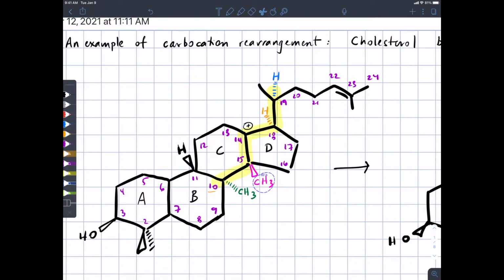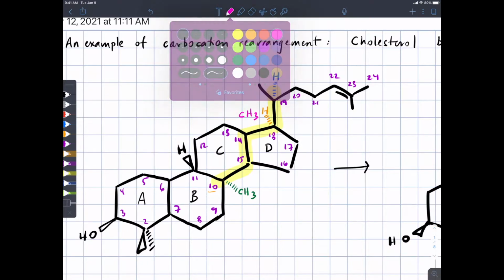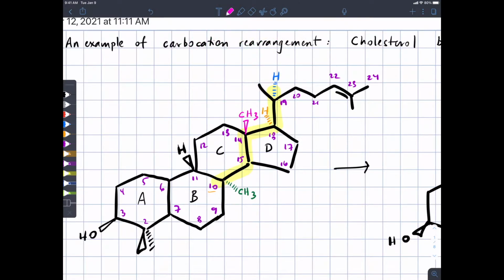The methyl group now can start to lean over with its electrons. We'll pass through an intermediate or transition state carbonium ion like we talked about last time, and then we'll end up with a new bond between the methyl group and now carbon 14, with the methyl group still on the upper face of the molecule as it was before. And now the positive charge is on 15.